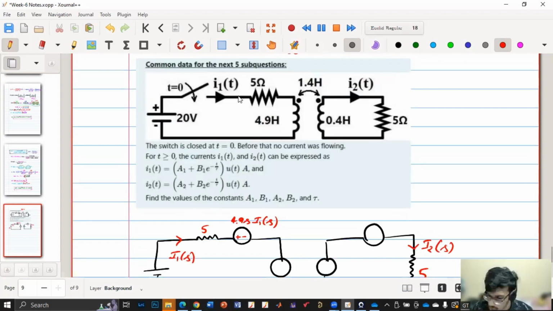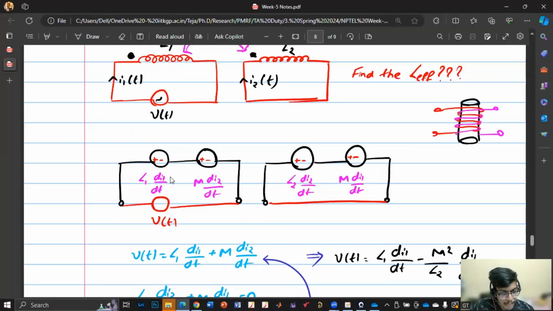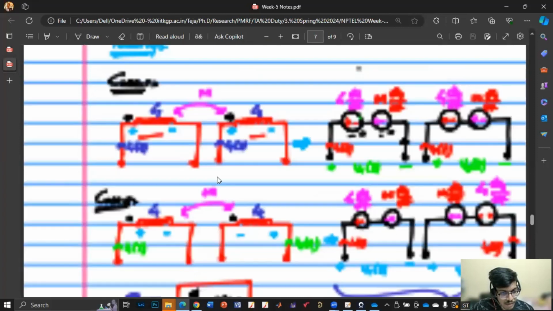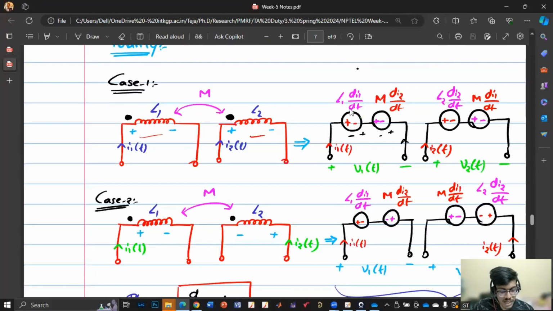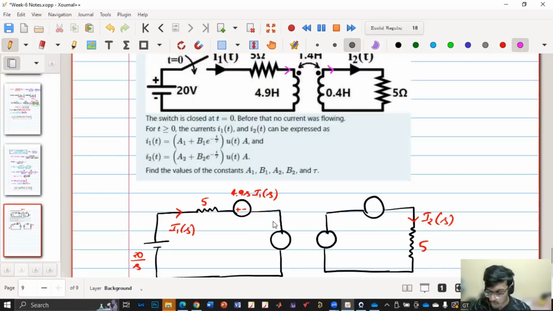Now, if you see here, the current is entering the dot, and here the current is leaving the dot. So it will fall in the second category. This is our first category: when the polarities are the same, it is the first category or case one. In the second category, one is entering, one is leaving, so the polarity of M will be opposite. So this was plus minus, now it is minus plus. And what will be its voltage?